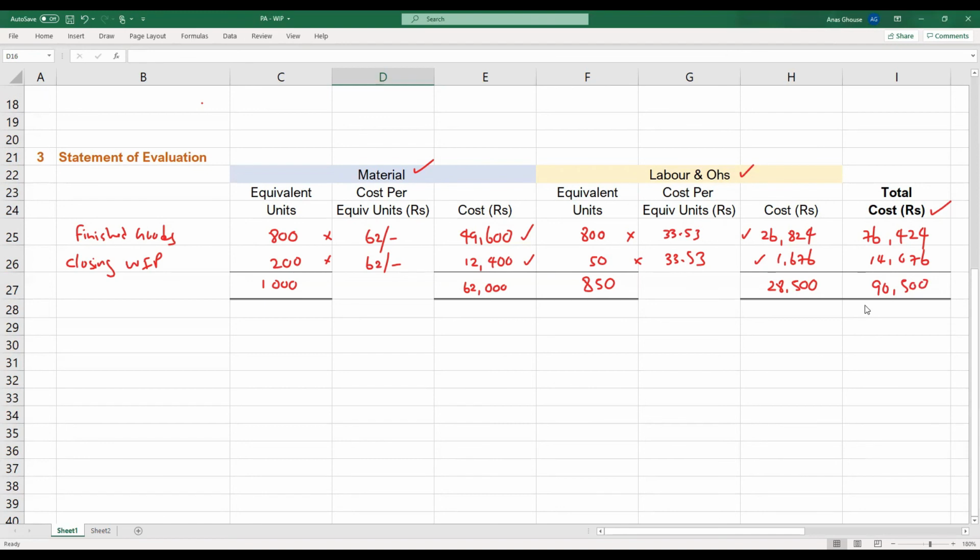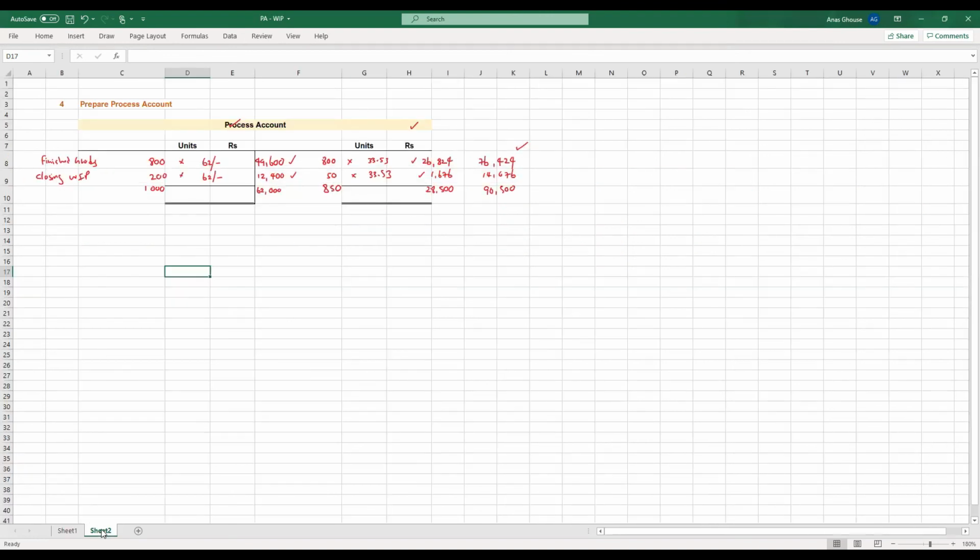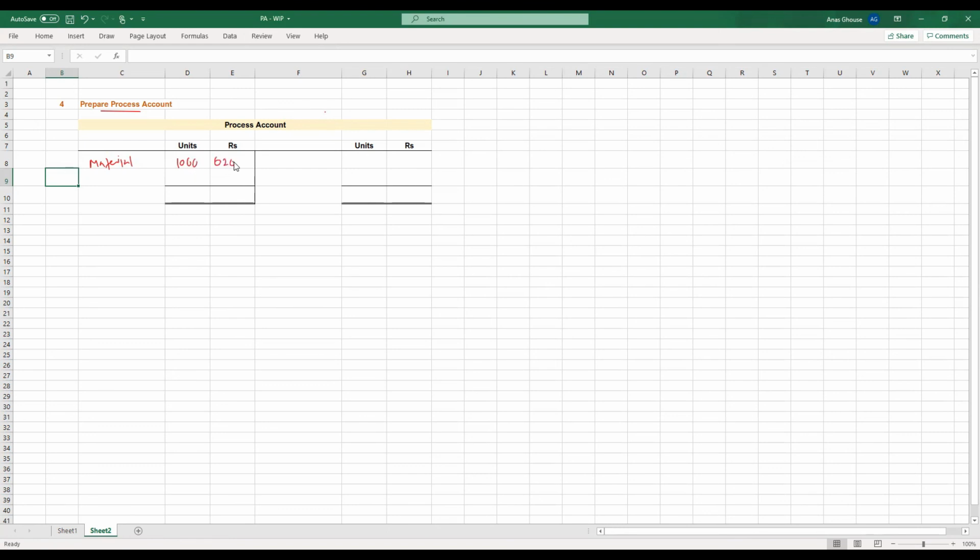Now based on this, let's prepare the process account. The material input was 1000 units, which was 62,000 the cost, and labor and overheads, which was 28,500. So 1,000 units and 90,500.